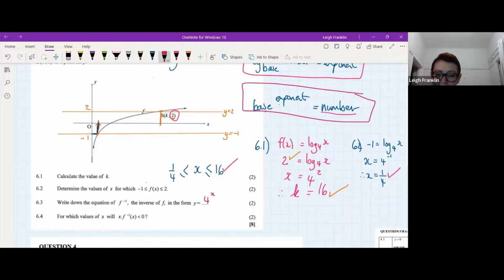And now, nice question. For which values of x will x times f minus 1 of x be smaller than 0? What does that mean? How do we interpret that question? What are they asking us to do here? Can anybody explain what that means?